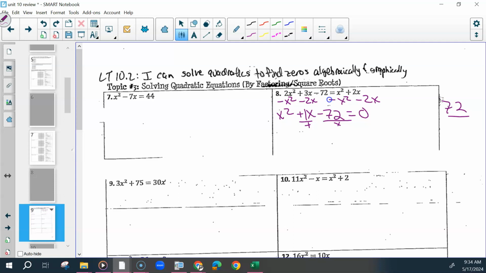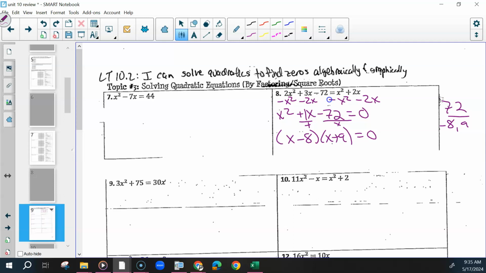What are factors that would work? So my two factors, x minus 8, x plus 9 equals 0.